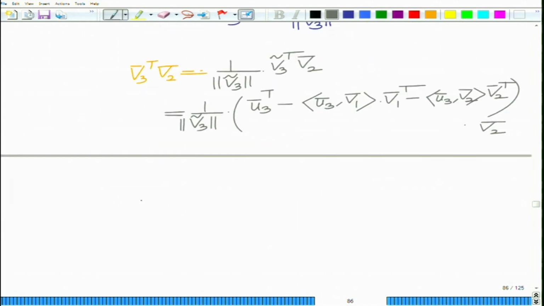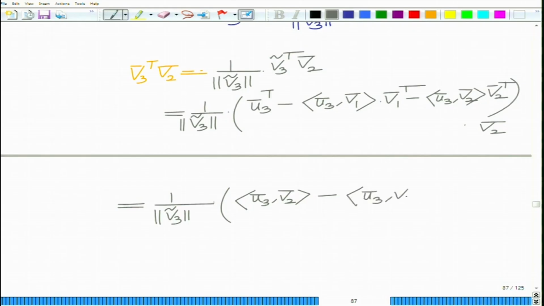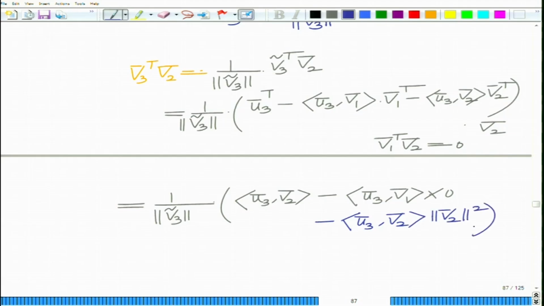And now you can see this will be 1 over norm V3 tilde, U3 bar transpose V2 bar, equals U3 bar V2 bar inner product minus U3 bar V1 bar inner product into V1 bar transpose V2 bar, which equals 0. Okay, observe that V1 bar transpose V2 bar is equal to 0, minus U3 bar inner product V2 bar into V2 bar transpose V2 bar, that is norm V2 bar square, which is once again 1.